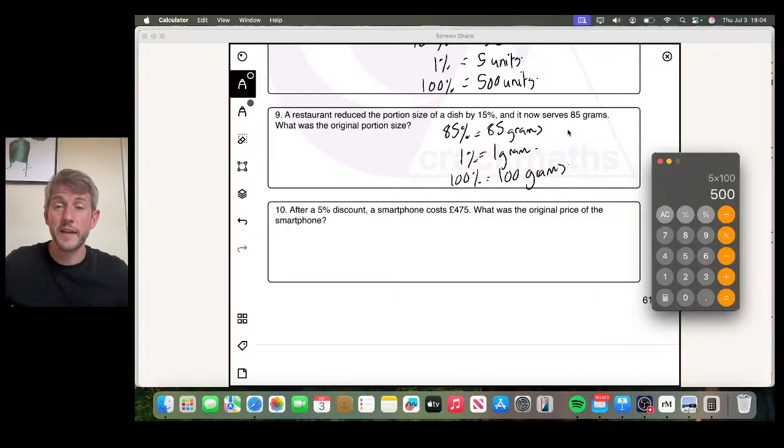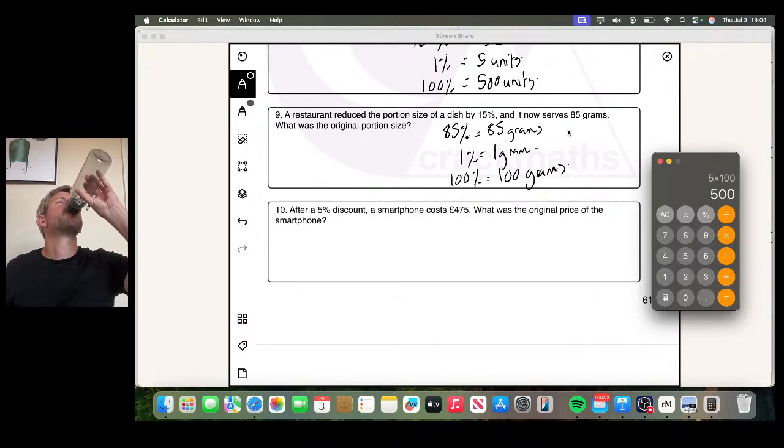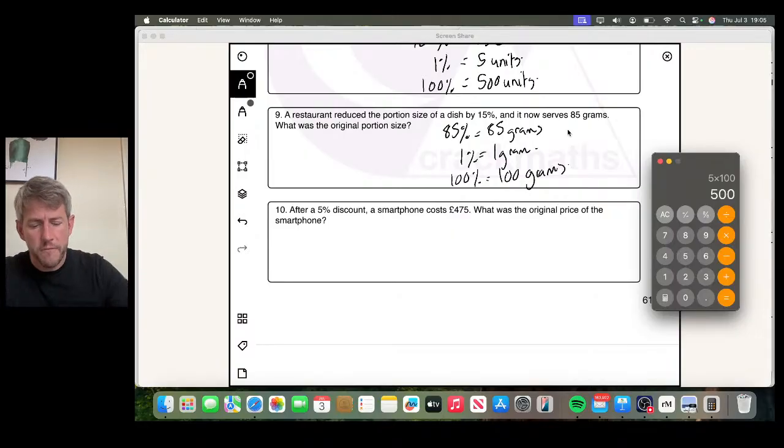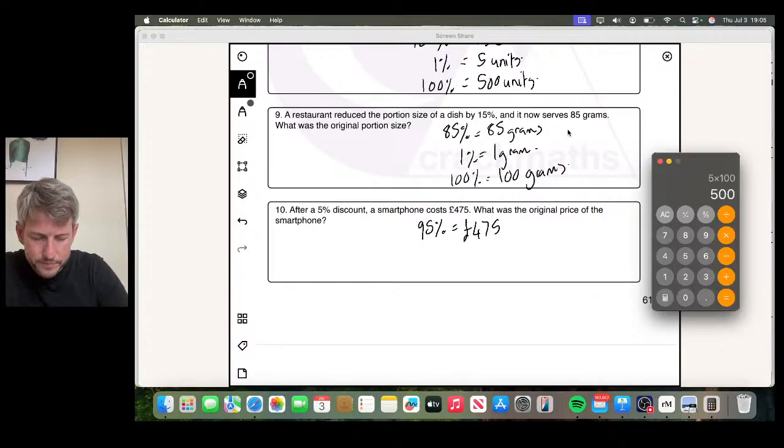Okay, right, question 10. After a 5% discount, a smartphone costs £475. What was the original price of the smartphone? Okay, so a 5% discount means we're looking at 95% of the cost. And 95% of the cost equals £475.